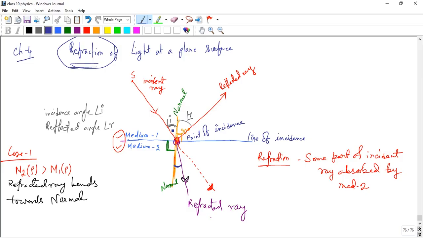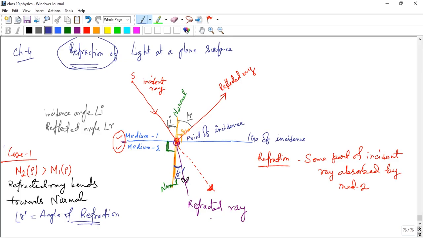It is represented by R dash. In case number 1, as we see in the diagram, the angle of refraction is less than the angle of incidence.